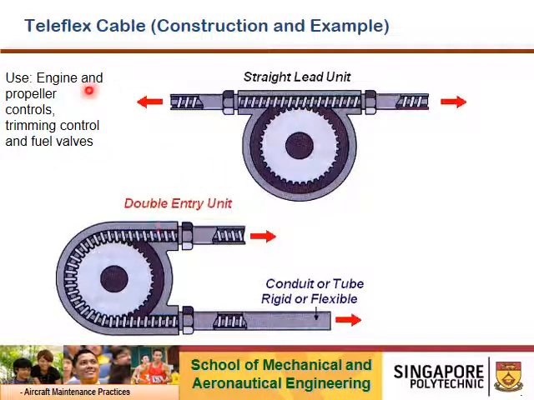So it's used on engine and propeller control, trimming control, and fuel valve. So it's not used on commercial flight control surfaces. A couple of issues. One thing is the patent right.